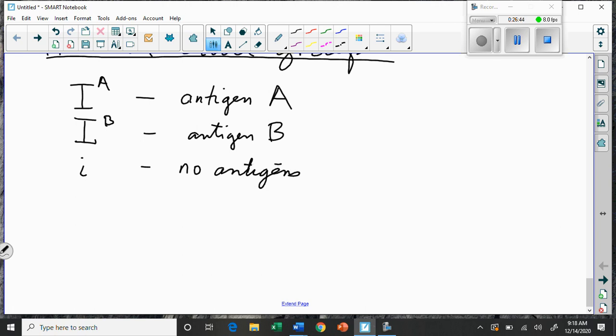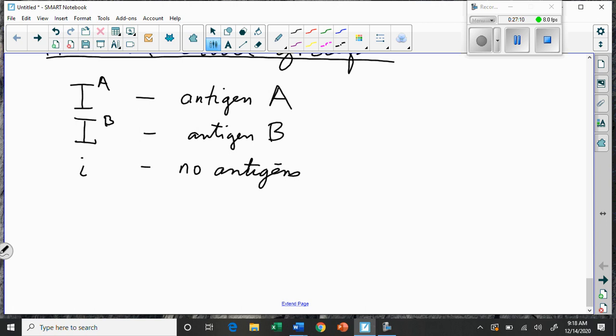But if you have the A and the B together, they are codominant with each other. So you have a case here where there are three different possible alleles, and you can have any two of them in your genes. But there are three options. And depending on what you have, it could be a case of dominant recessive. The little baby i is recessive to both of the other two genes, but the other two genes are codominant with each other.